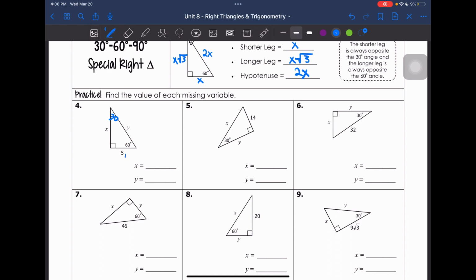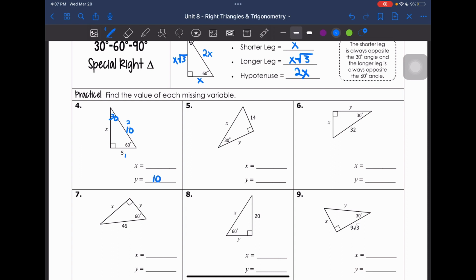So this is my 1 or my x. My 2 is the hypotenuse. So this hypotenuse has to be double what my smaller leg is. My smaller leg is 5. So if I multiply 5 times 2, I would get 10. So the hypotenuse is 10.